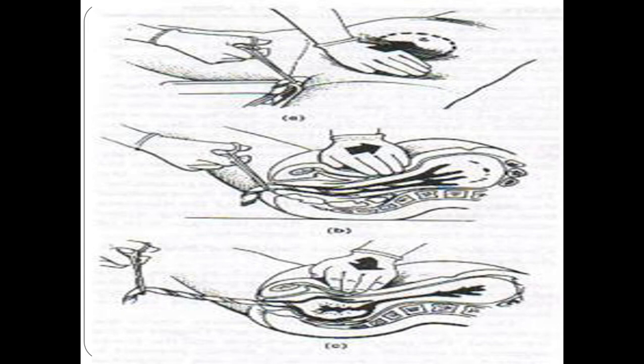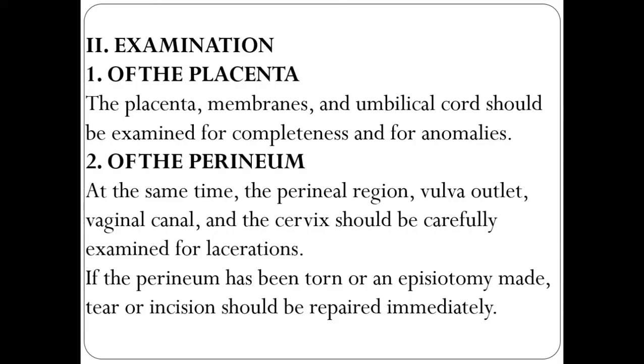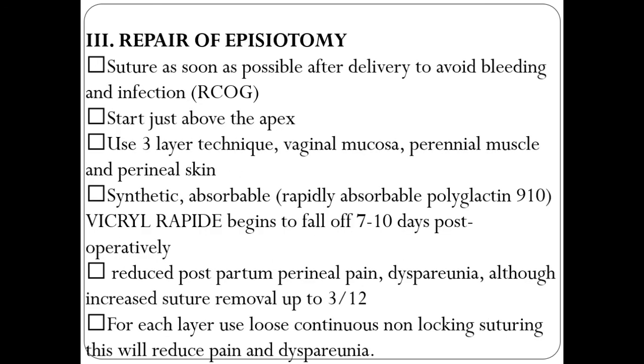One hand pushes the uterus and does massage of the uterus. The other hand does controlled traction of the cord. You have to examine the placenta, of course, for missing parts or certain congenital anomalies like bipartite placenta or bilobate placenta, and examine the perineum and repair the episiotomy.